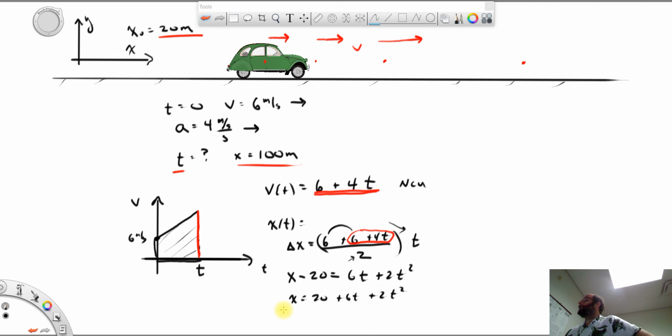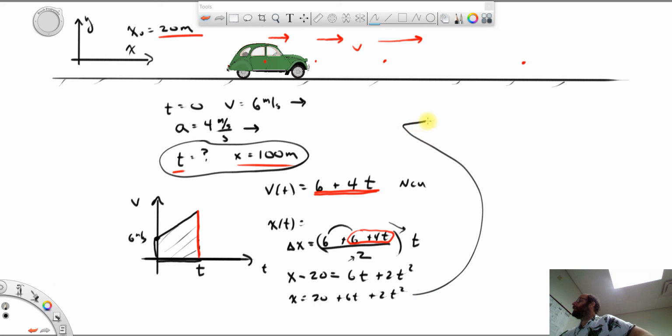Now, to answer our question, what is t when x equals 100 meters? In our equation, I'm just going to rewrite it and put in 100 for x. 100 meters equals 20 plus 6t plus 2t squared. Again, the units are all consistent in this problem. Then we would solve this for t.